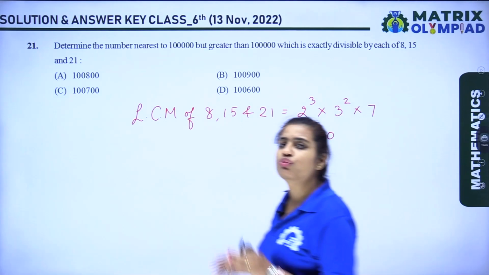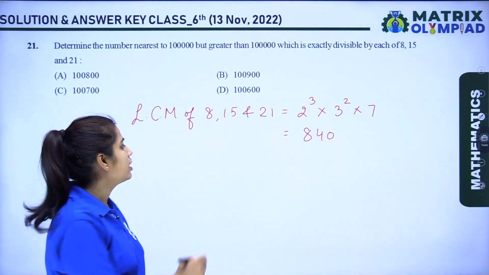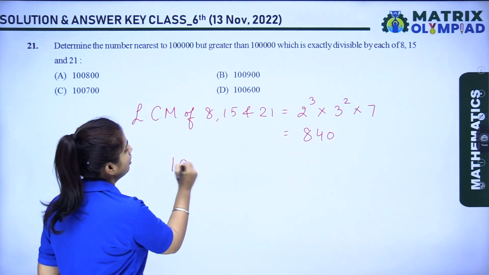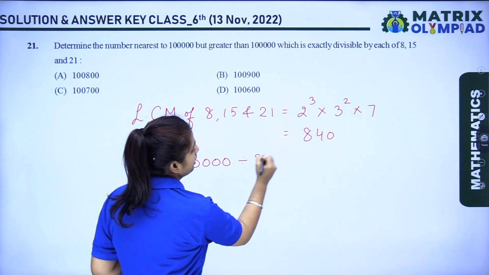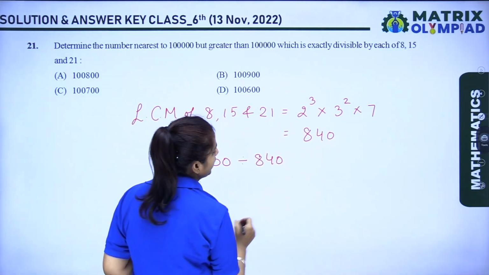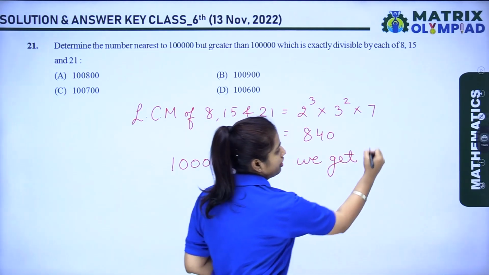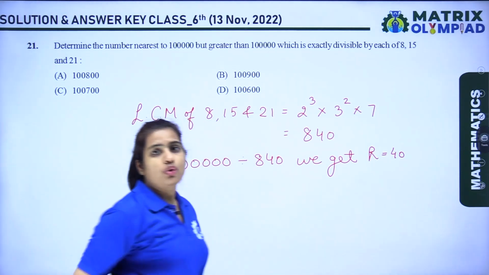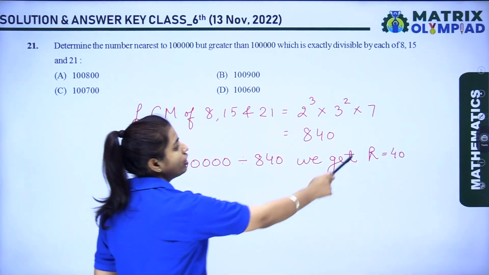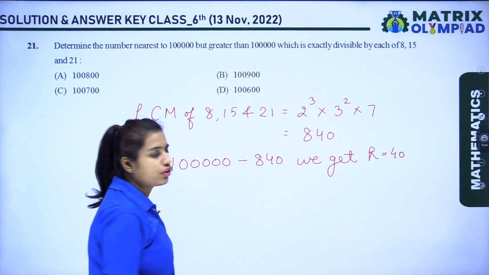Now what we have to do? We will divide this 1 lakh by 840. Now by dividing 1 lakh by 840, we get remainder equal to 40.